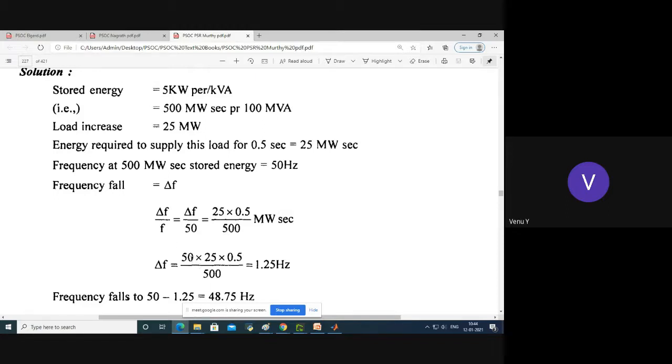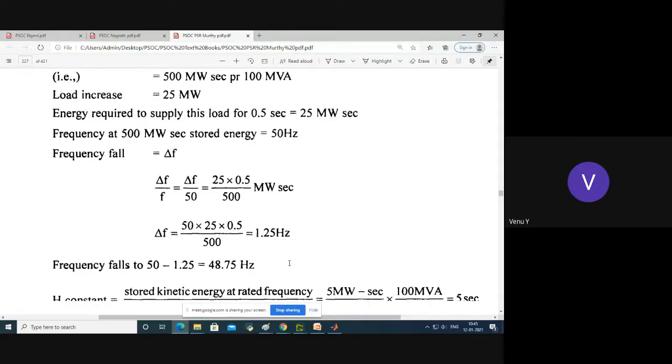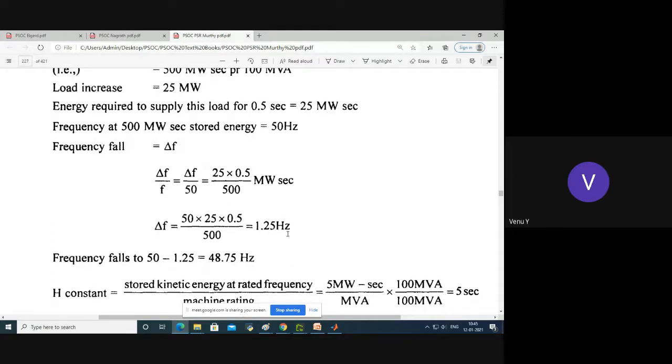Now by calculating this value, 50 into 25 into 0.5: 50 is the frequency, 25 is the change in load, and the time constant is 0.5 divided by the rating 500 for this particular case. So the change in frequency is 1.25 Hz.